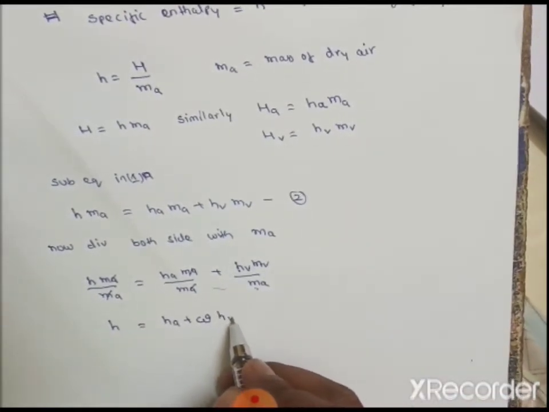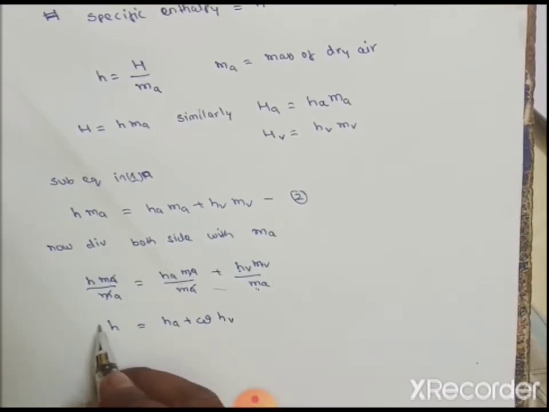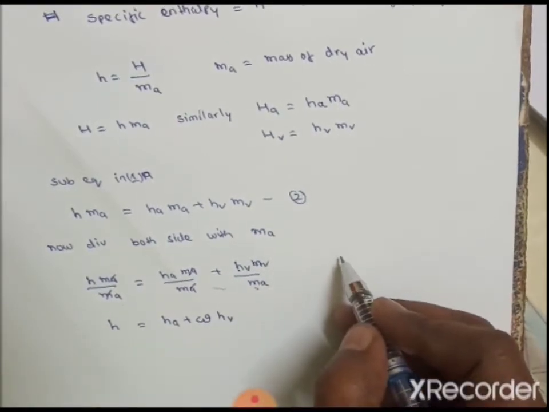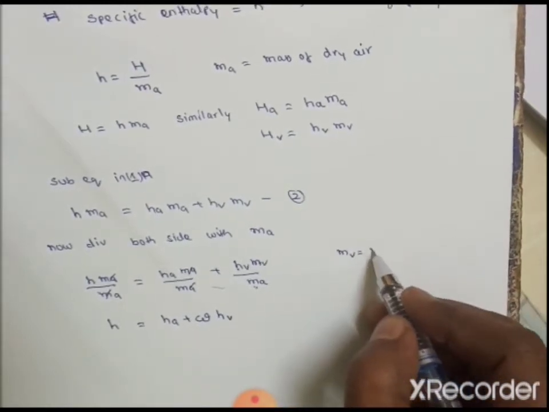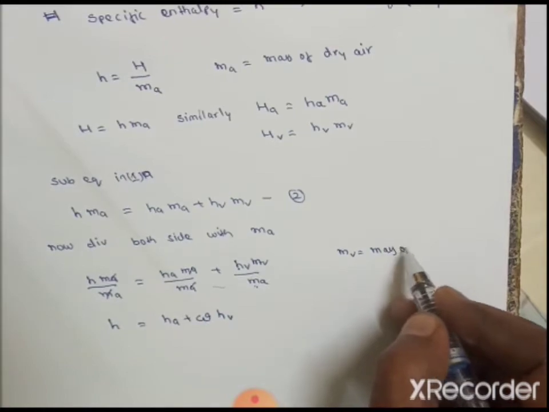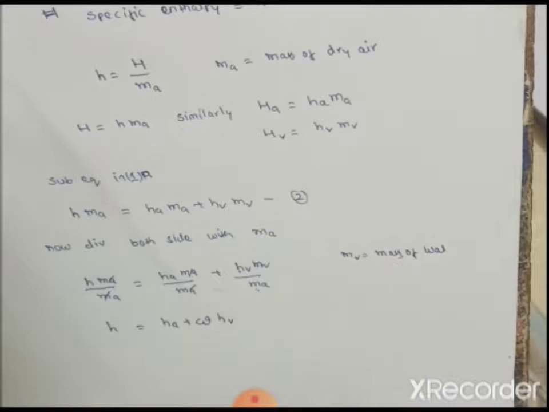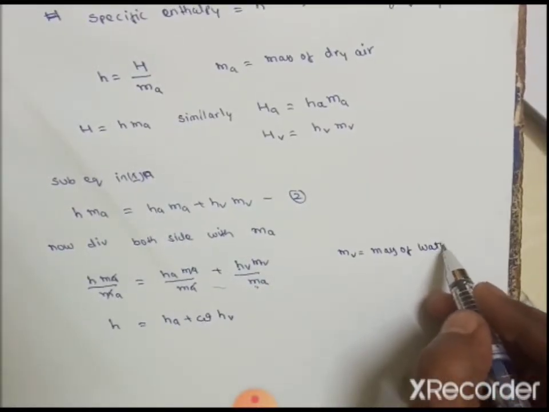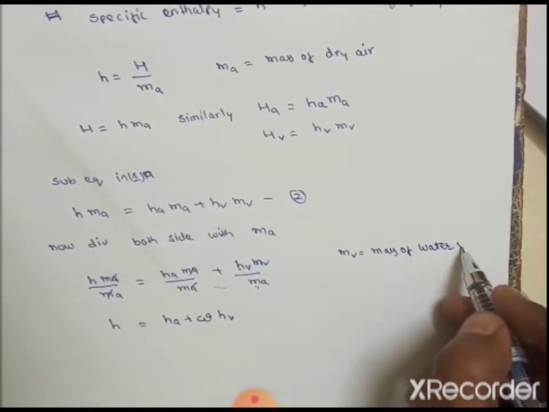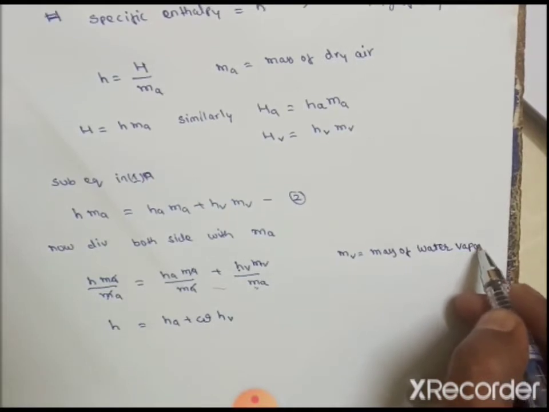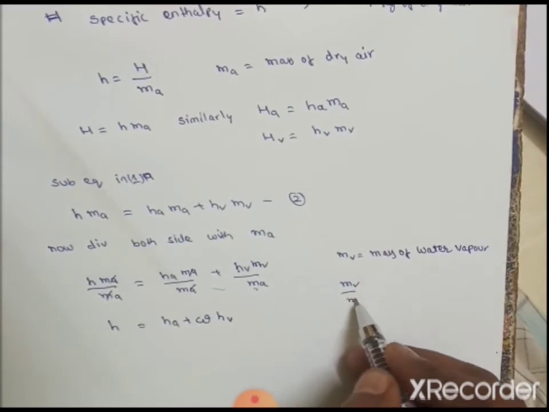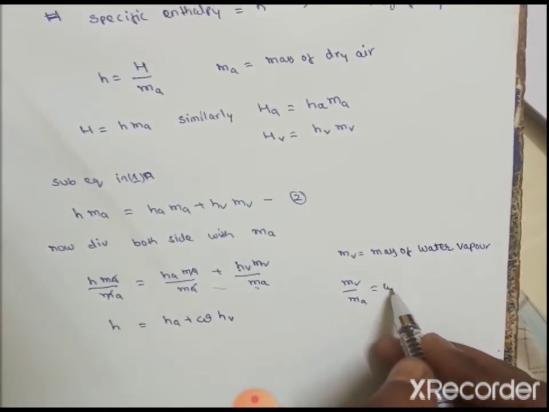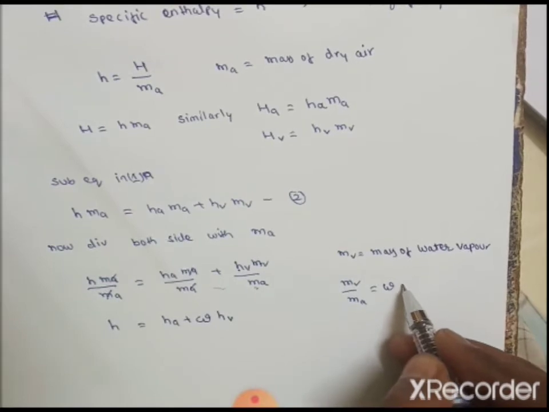So mv is the mass of water vapor, and mv divided by ma is equal to the humidity ratio.